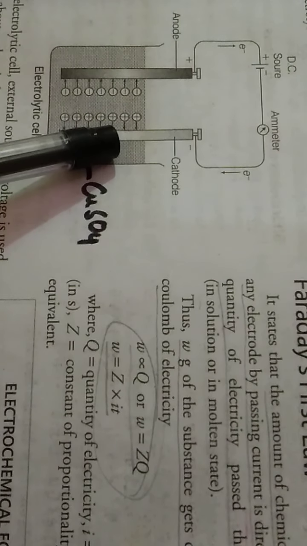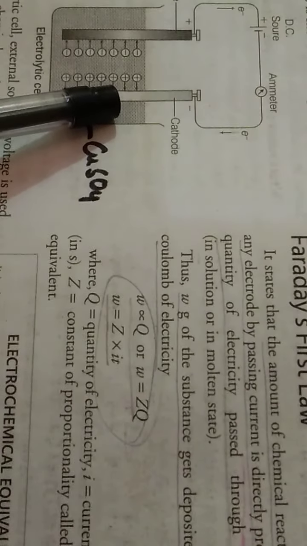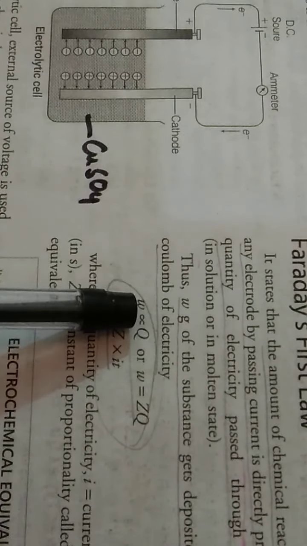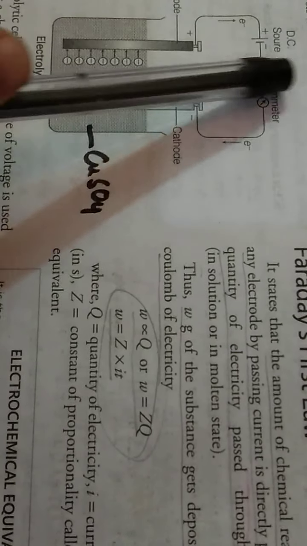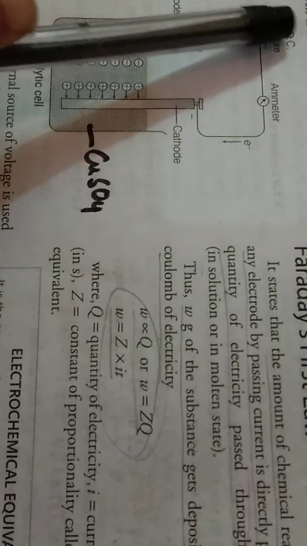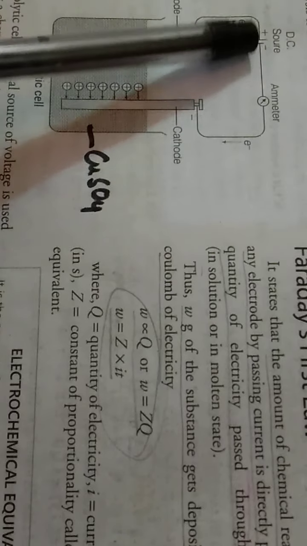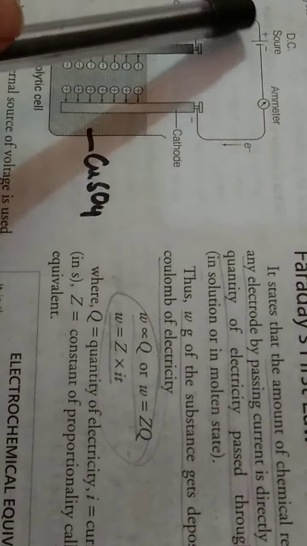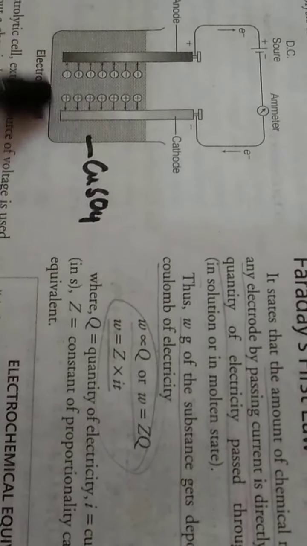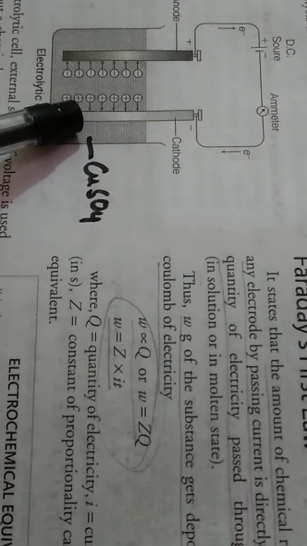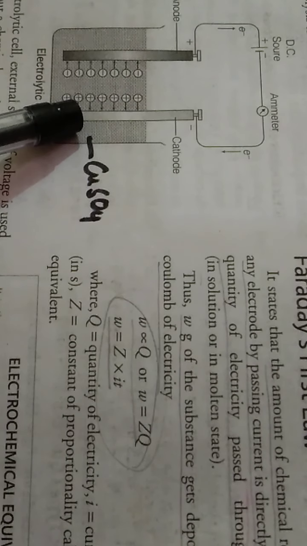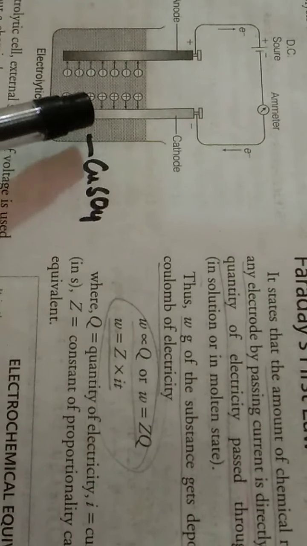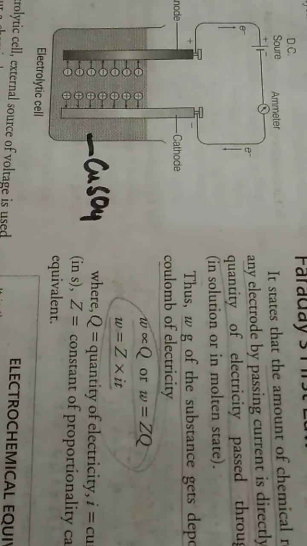So if W gram of substance, अगर copper deposit हो रहा है W gram, तो वो किसके डायरेक्टली प्रोपोर्शनल होगा? Will be directly proportional to how many coulomb of electricity you have passed through this electrolyte. आपने जितनी इलेक्ट्रिसिटी इस इलेक्ट्रोलाइट के थ्रू पास करी है वो डायरेक्टली प्रोपोर्शनल होगी to the amount of substance deposited at any electrode and the reaction that is occurring at any electrode.